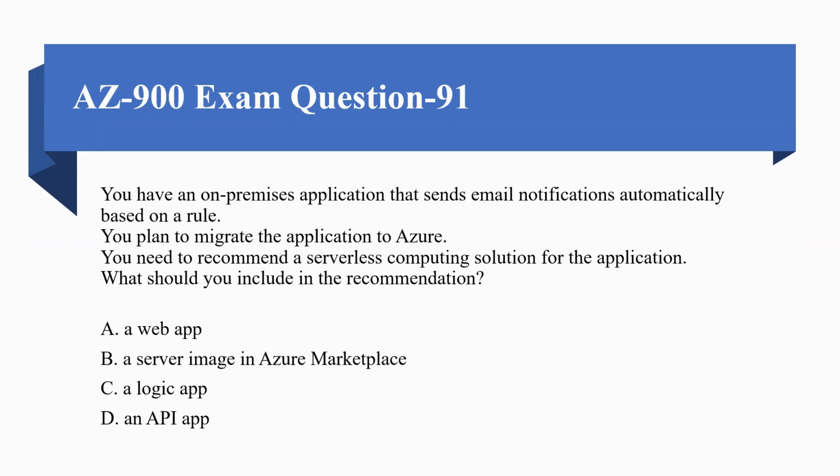B. Server image in Azure Marketplace. C. Logic app. Or D. API app. So the correct option is C, Logic app, as we have to recommend a serverless computing solution for the application, and Azure Logic app is a serverless computing solution.